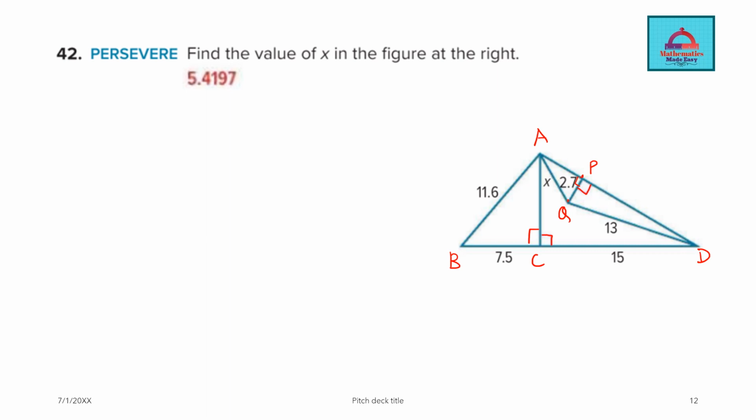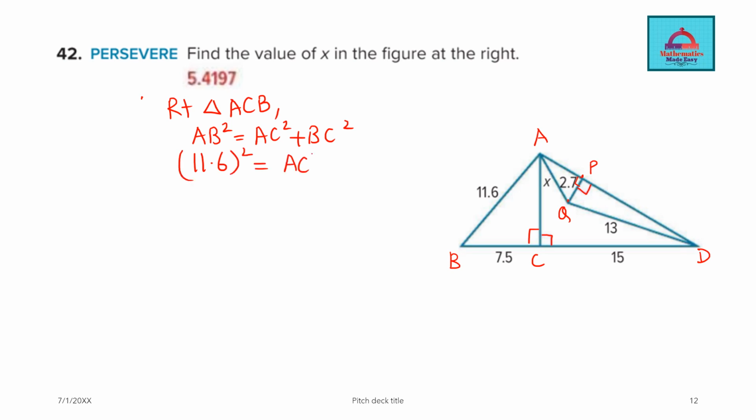First of all, I'm going to be finding the value of AC, so I'm going to take the right triangle ACB, and in ACB I know AB square is going to be AC square plus BC square. This is Pythagorean theorem. Hypotenuse is 11.6. I put the value. AC we don't know, we keep it as it is. BC is 7.5. So simplify this.